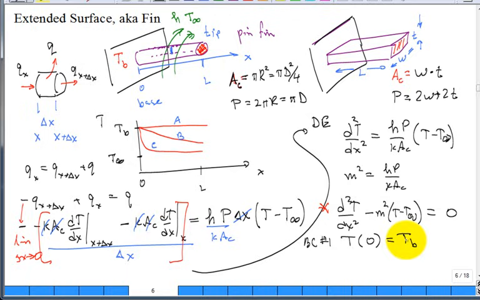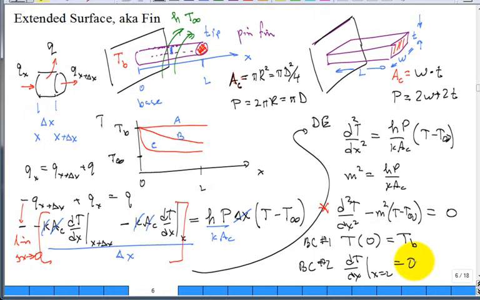The insulated tip is mathematically a lot easier. All 3 are given and worked out in the textbook, but the one that's easier to use for us in this class as well, and they'll justify why we use it, is the insulated tip. So the second boundary condition is dT dx at x equal to L is equal to 0.